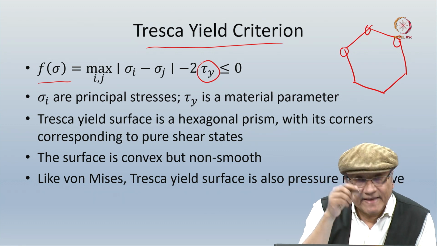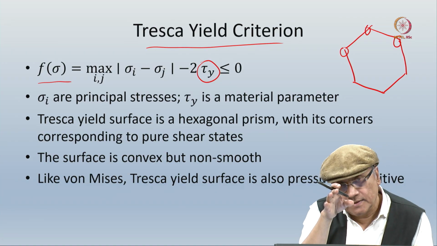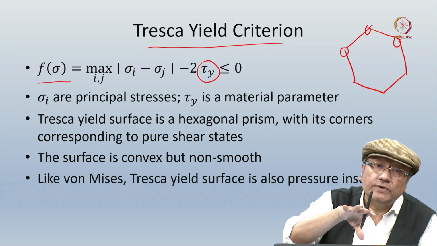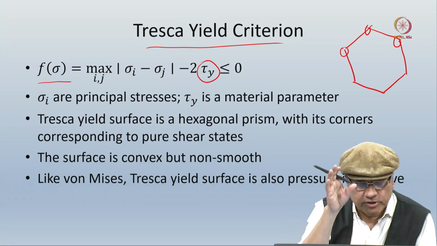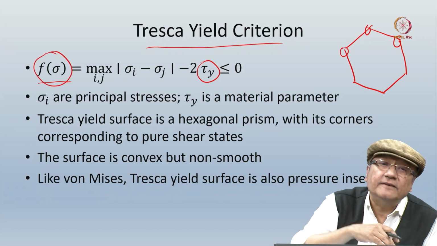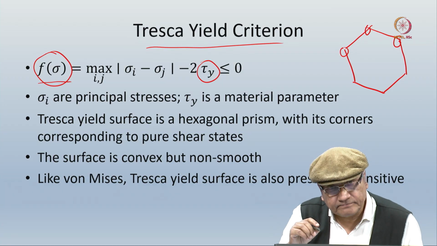Again you observe that irrespective of how you choose your coordinate axes, if two such choices are related through a rigid rotational transformation, then F sigma remains unaffected by the choice of the specific coordinate system.